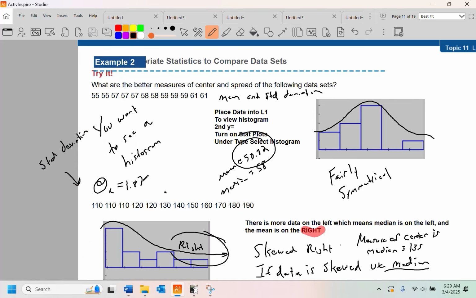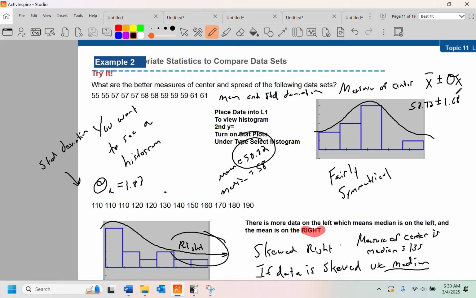So if I want to talk about this measure of center, what I do is I say it is the mean x bar plus or minus the standard deviation, because that's going to actually represent 68% of the data. 68% of the data is going to be right there. So 57.72 plus or minus 1.68.